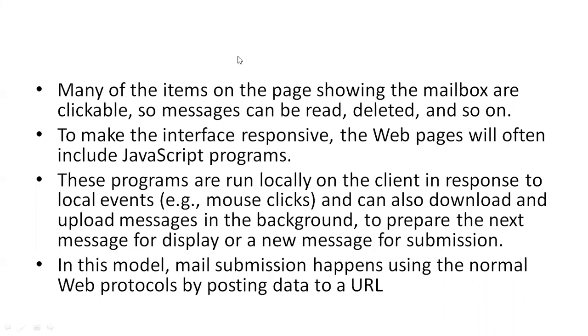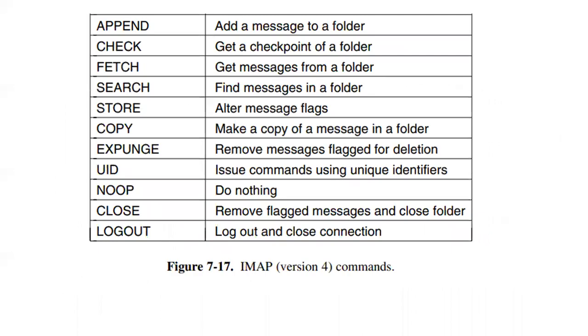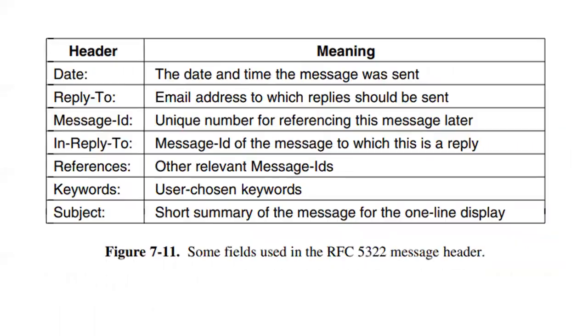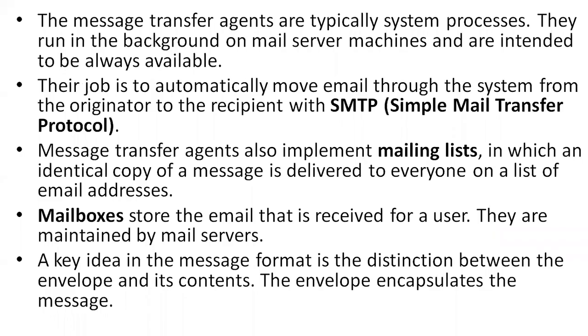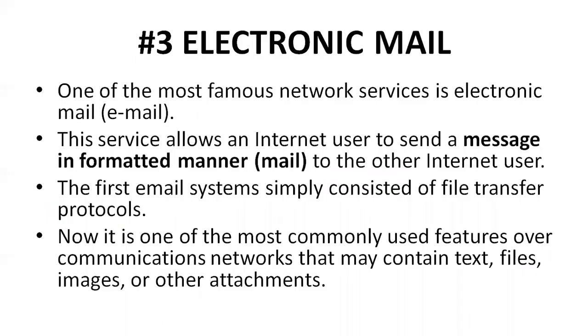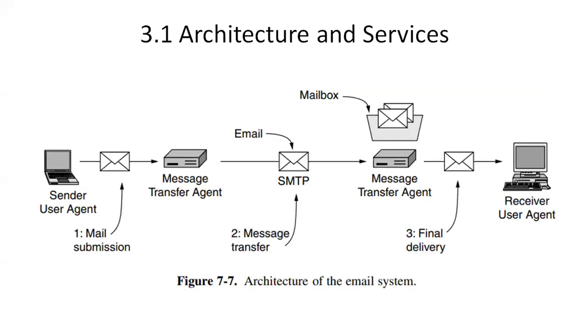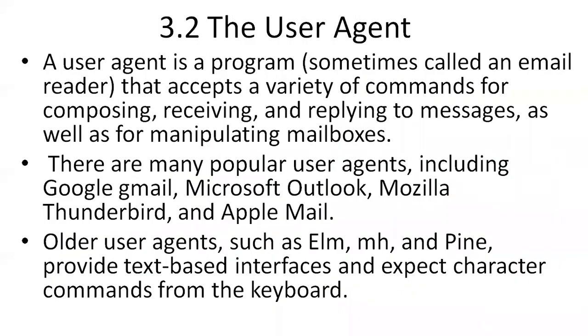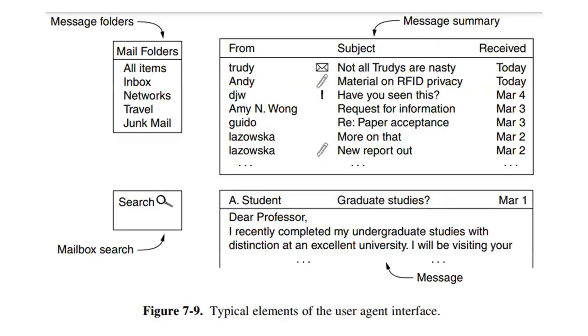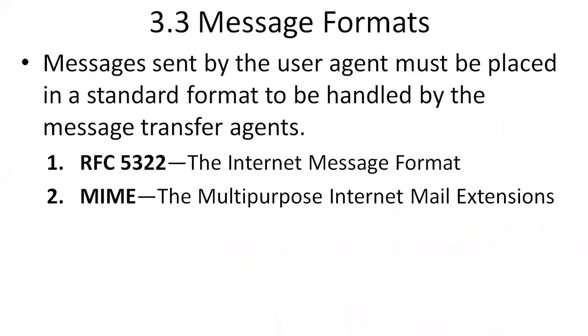Okay, so I think that's the end of the email part. Let us look at the outline of the topic once. Electronic mail: first is the architecture, and then the user agent. We discussed the user agent and message formats.